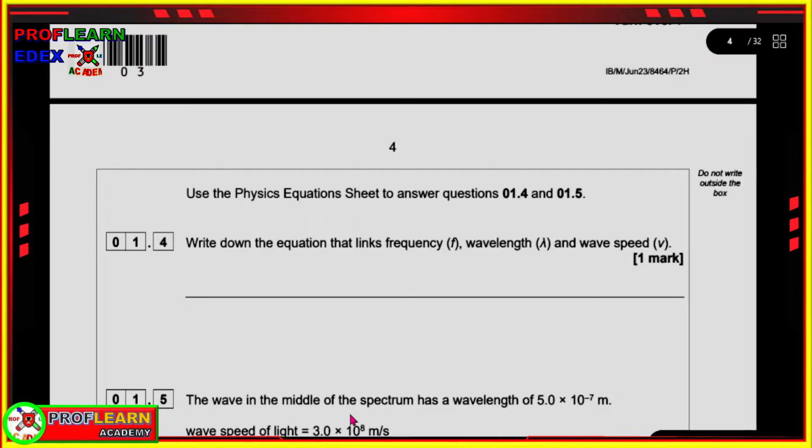Write down the equation that links frequency, and this is what is called the wave equation. You have to write it in full. You need to say this is wave speed, which is equal to the frequency times the wavelength.